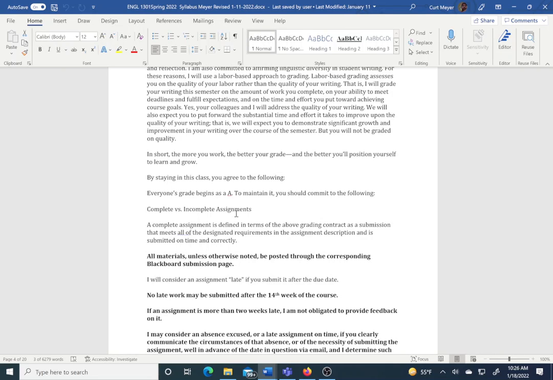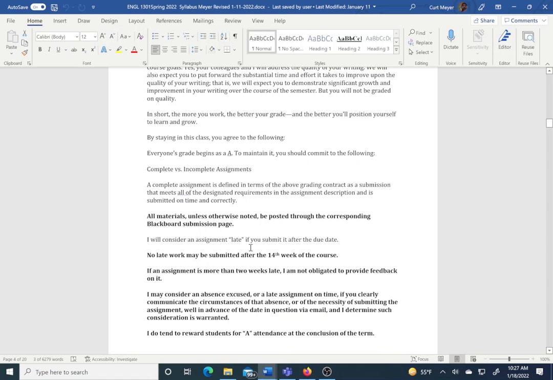Reflective denotes two primary qualities, one of which is specificity, i.e. detail, and the other is meaning. So in other words, instead of telling me you thought something sucked, for example, you would tell me why it sucked, okay? That's just a rudimentary example.